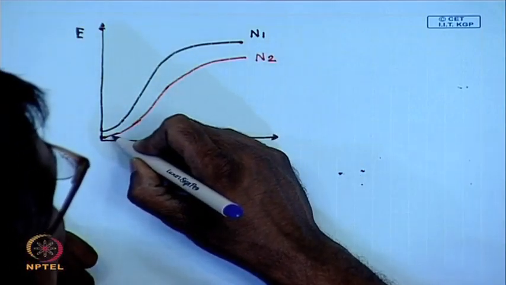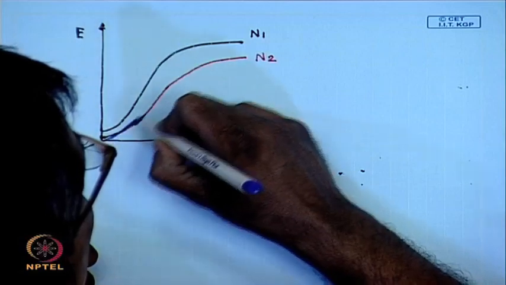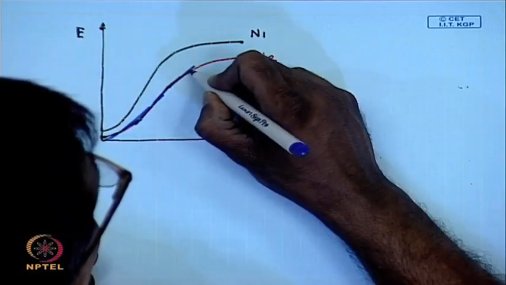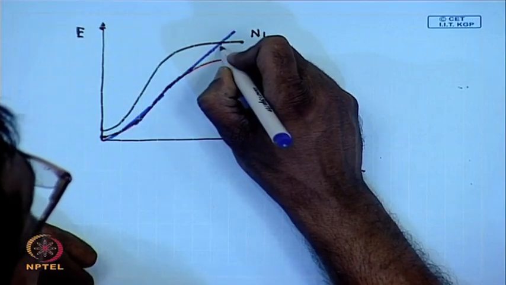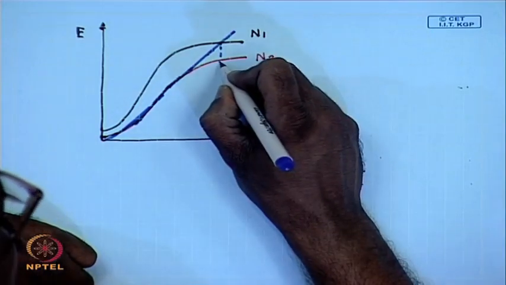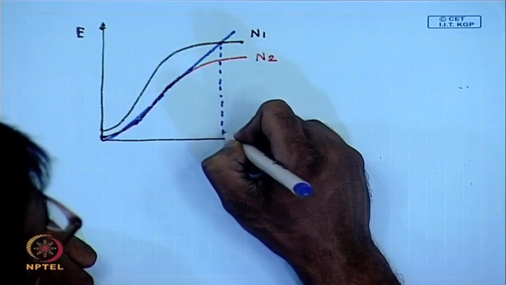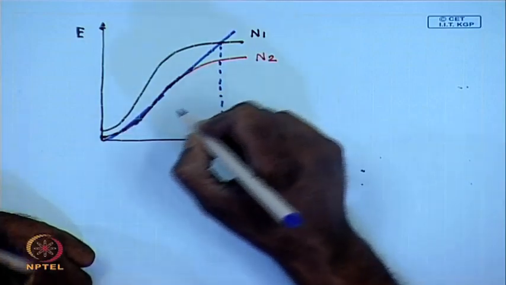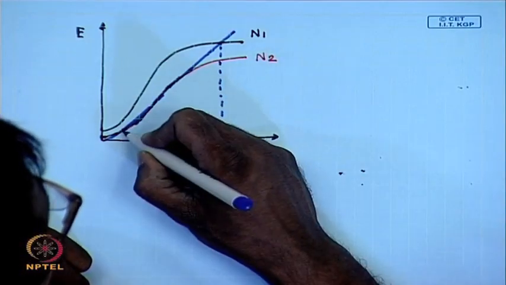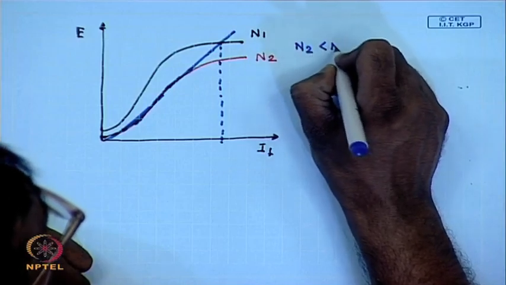Then it is obvious that while the generator will build up to almost the rated voltage if it is operated at a speed N1, it will possibly fail to build up at a rotational speed N2 where N2 is less than N1.